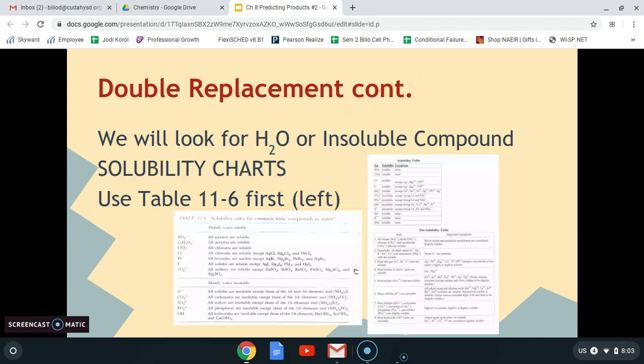The reason I provide you with two is no single chart includes everything that you're ever going to need. When they state exceptions, they might say all sulfides are insoluble except those of the 1A and 2A elements. What they're saying are groups 1 and 2, respectively.